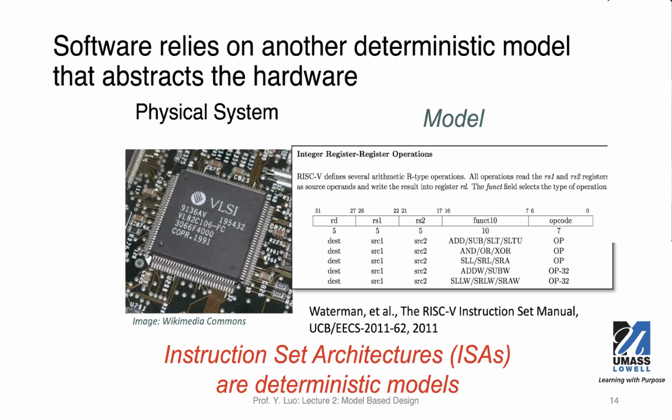You have a 5-bit value to define the destination register, and then two other source registers in the register file. The lower bits define the actual functionality of the instruction, starting with the opcode, and then we have a 10-bit function field that selects the type of operation.